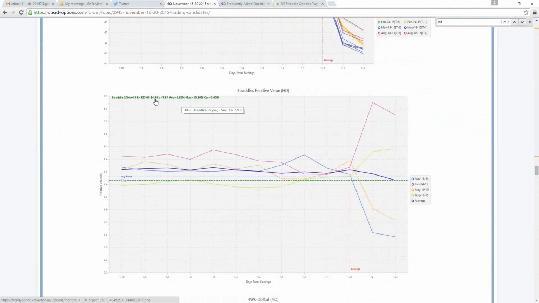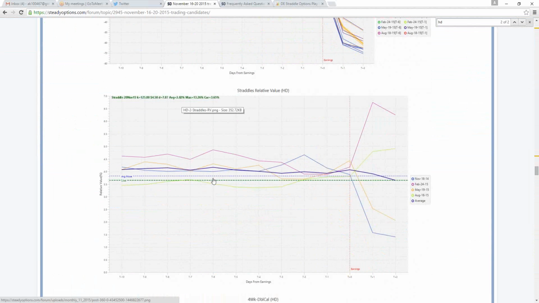So the straddle itself was 4.58 when this chart was posted, which is 3.65%, and we can see it here, live 3.65. So as you can see, it is still reasonably priced, but I still wanted to see it a little bit lower in order to have a little bit more margin of safety.